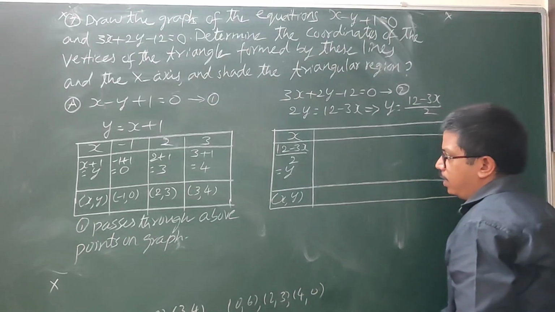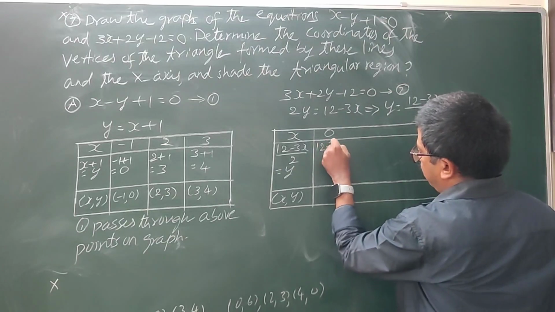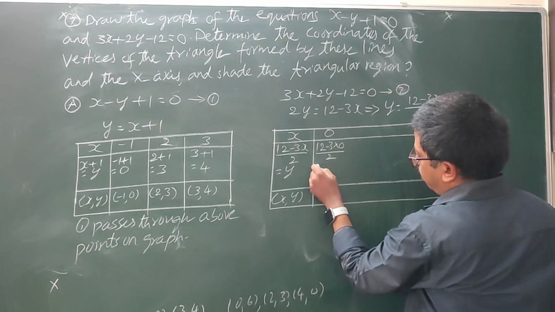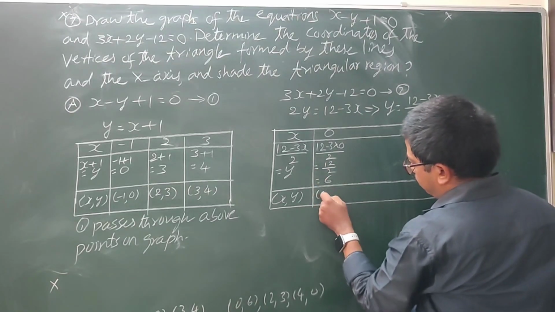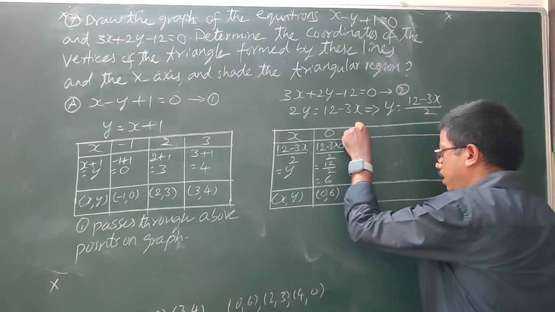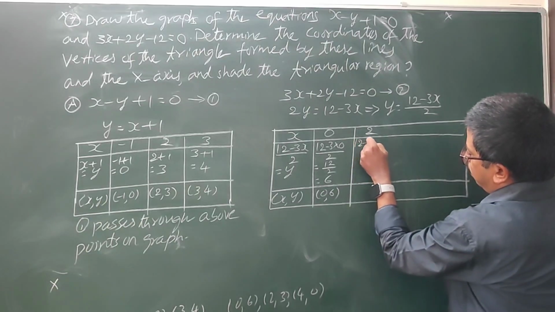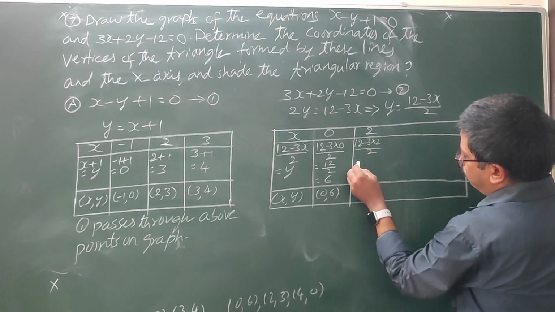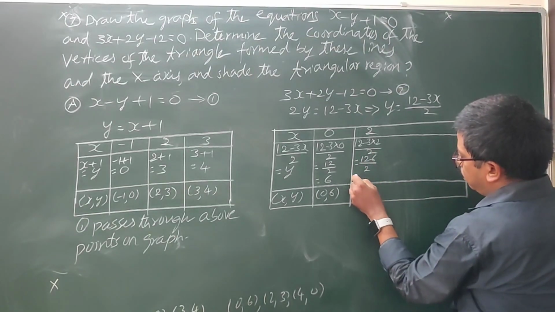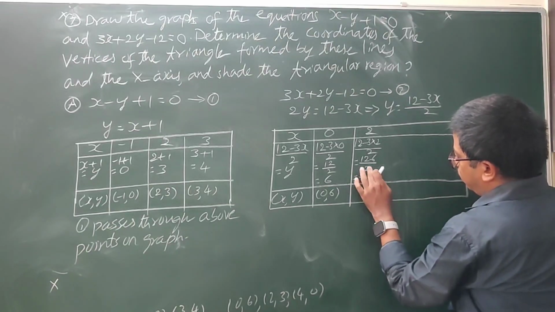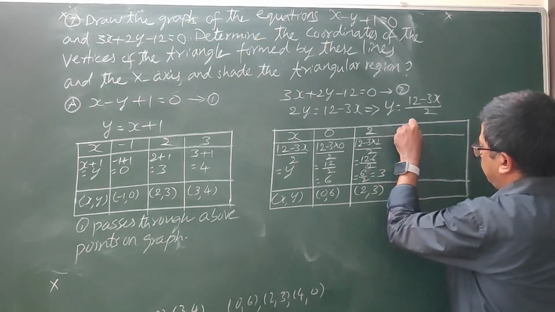First, let me take x equal to 0, 12 minus 3 into 0 by 2 equal to, the zeros are 0, so 12 by 2 equal to 6, 0 comma 6. Next, let me take x equal to 2, so 12 minus 3 into 2 by 2 equal to 12 minus 6 by 2 equal to 6 by 2 equal to 3, so 2 comma 3.